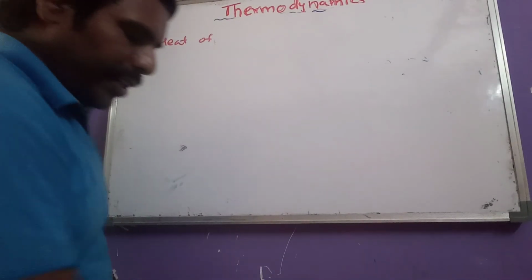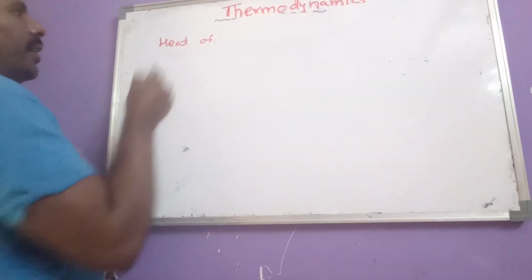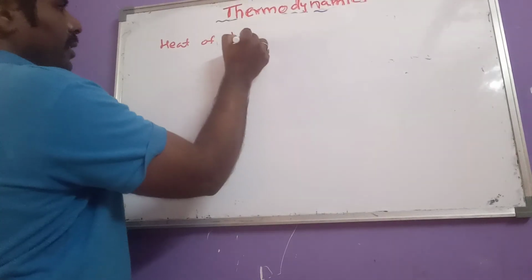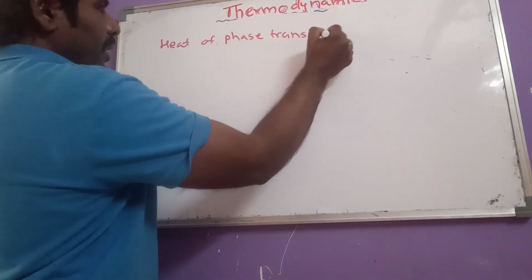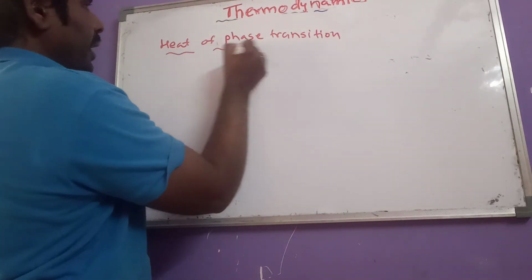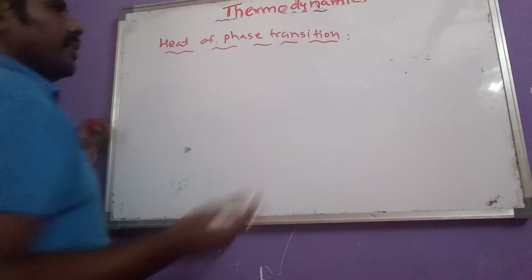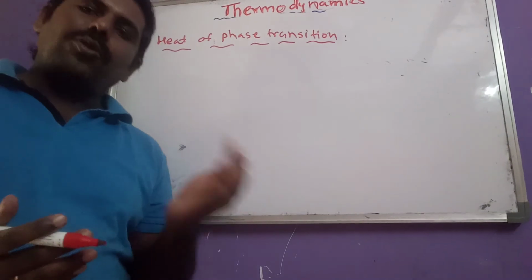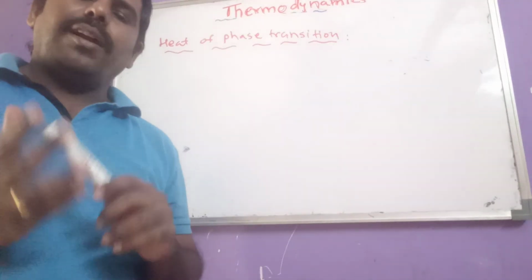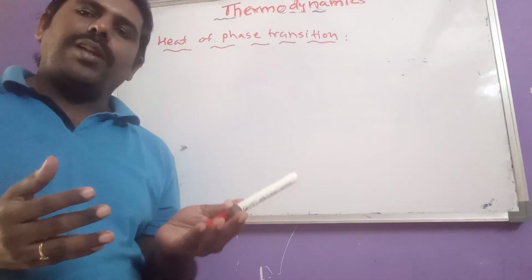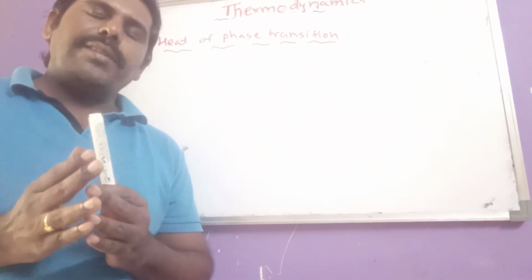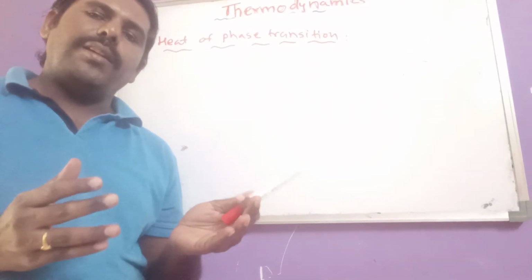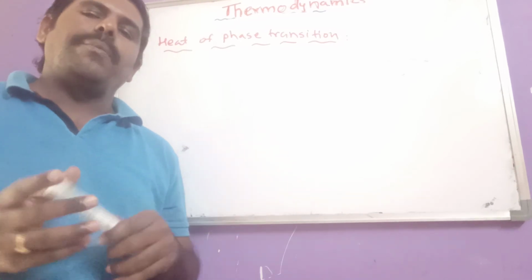Okay, then another one also there, heat of phase transition. What is a phase transition? Let us see here. That means sometimes allotropes, if you consider, can change from one form to another form. For example, graphite changes into diamond, diamond changes to graphite, rhombic sulfur converts to monoclinic, monoclinic sulfur converts to rhombic sulfur.